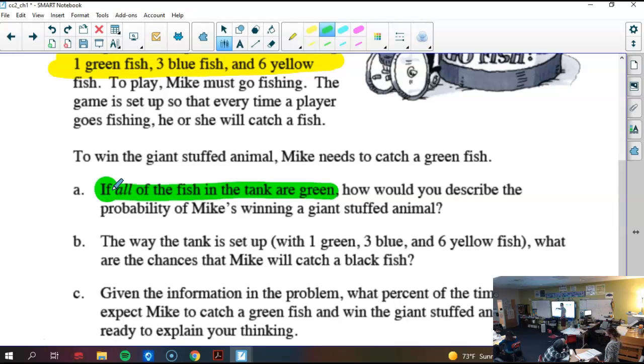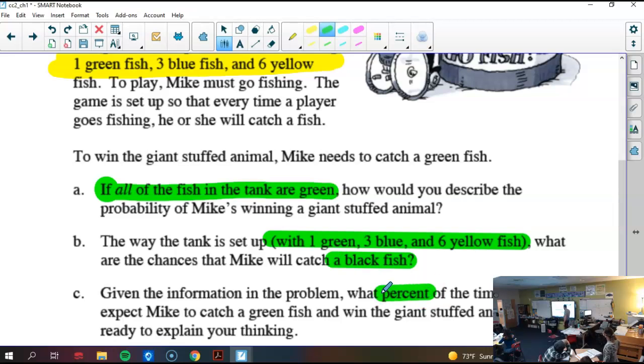This is a giant if, right? They changed the situation for you. So what fish gets the giant stuffed animal?